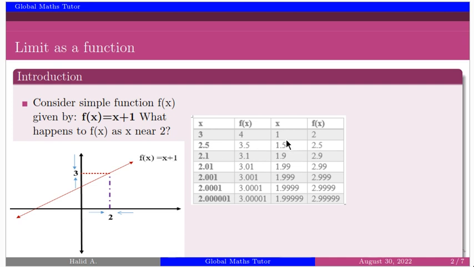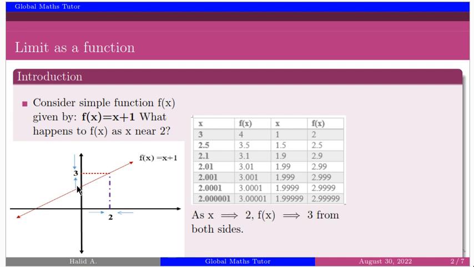So we are approaching 2, nearer and nearer, and f of x becomes nearer and nearer to 3. So from both sides, from the left and from the right, as x approaches 2, the function f of x approaches 3.